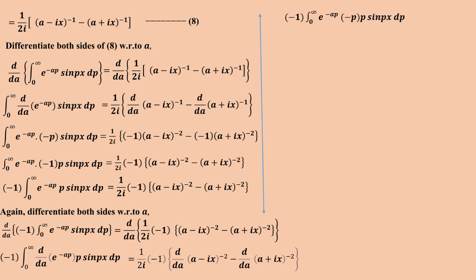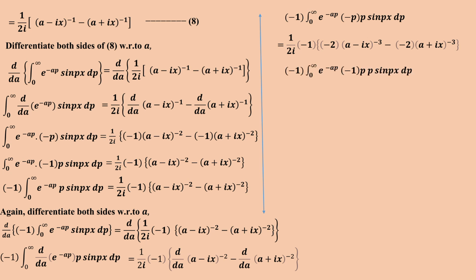So minus 1 integral 0 to infinity e power minus ap into minus p, again differentiation, into p sin px dp, which is equal to 1 by 2i minus 1, again differentiation, minus 2 into (a minus ix) power minus 3. We are using the derivative of x power n as n x power n minus 1. So minus 2 into (a plus ix) power minus 3.